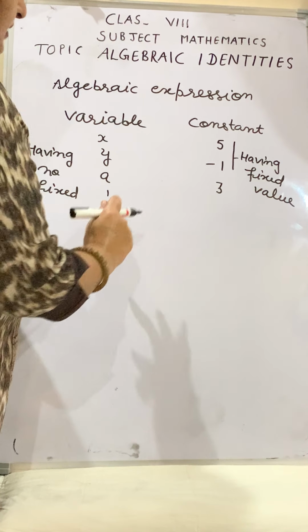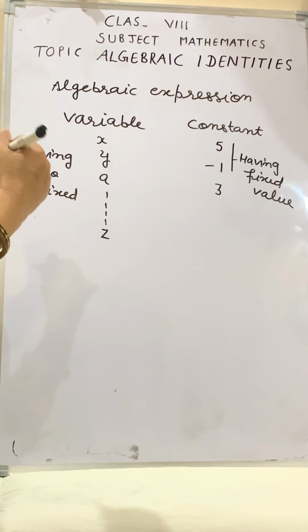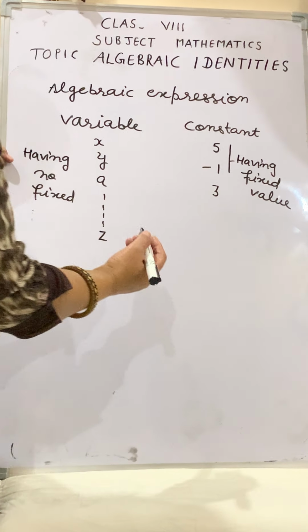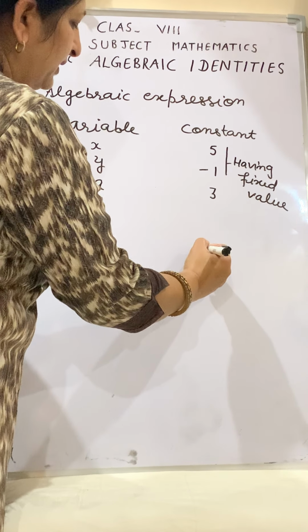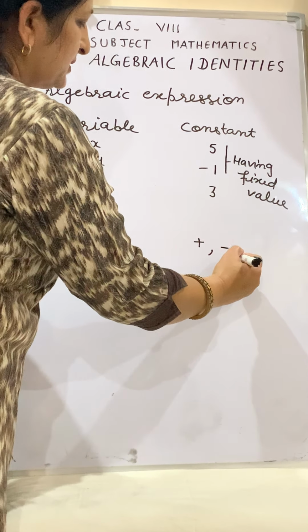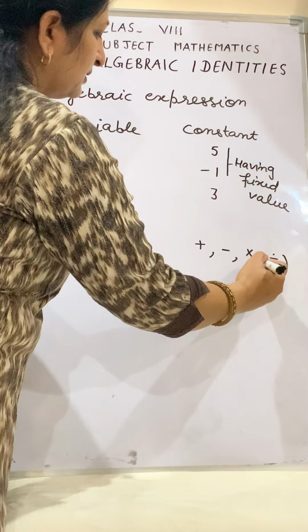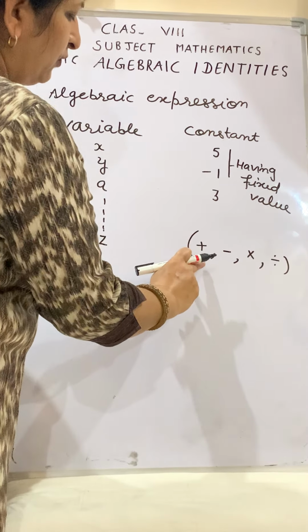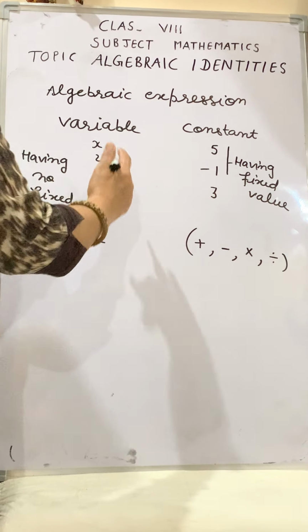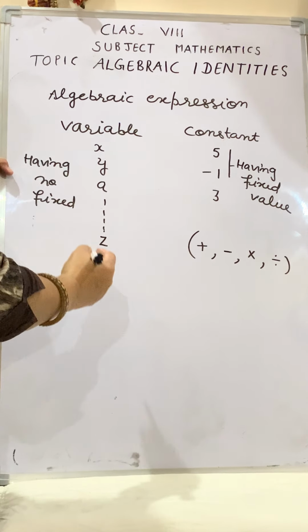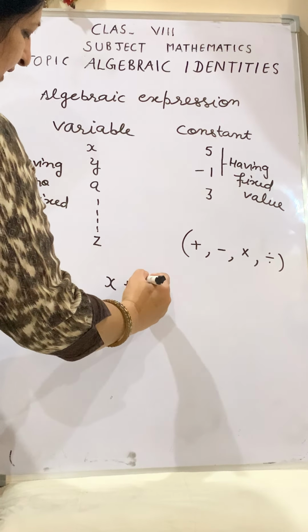When we combine these variables and constant by 4 fundamental operations of mathematics. What are 4 fundamental operations of mathematics? Plus, minus, multiply and division. When we combine variable and constant with plus, we can write x plus 5.